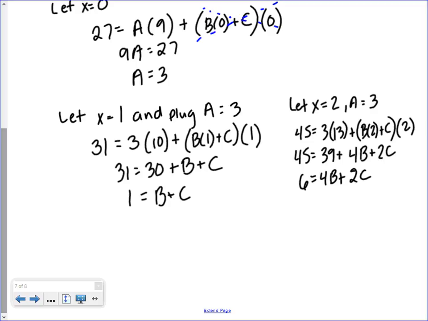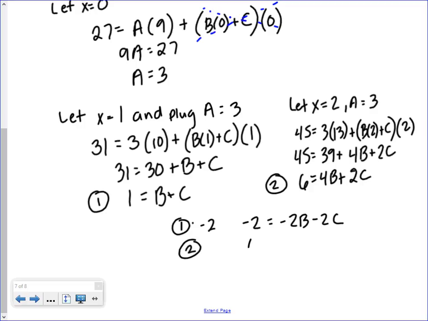I would maybe multiply this first one. I'll call this equation 1, and I'll call this equation 2. And so I'll maybe take 1 times negative 2. So I get negative 2 equals negative 2b minus 2c. And then stack equation 2 right under it. 6 equals 4b plus 2c.